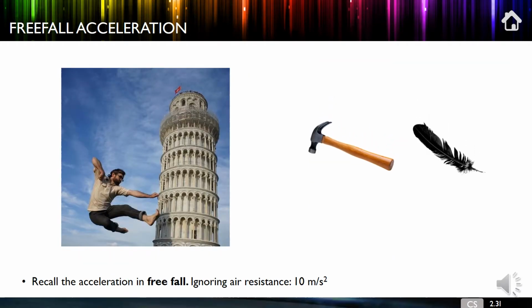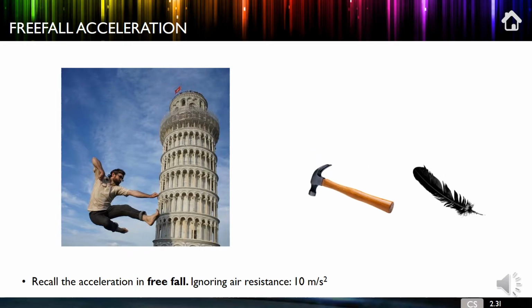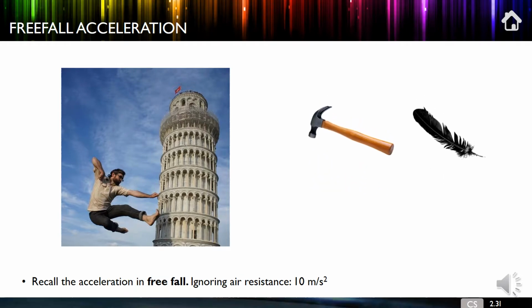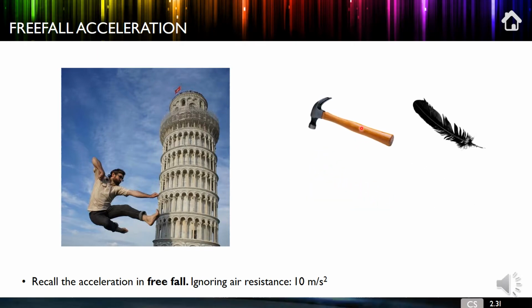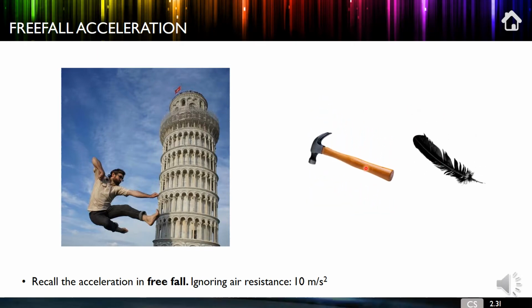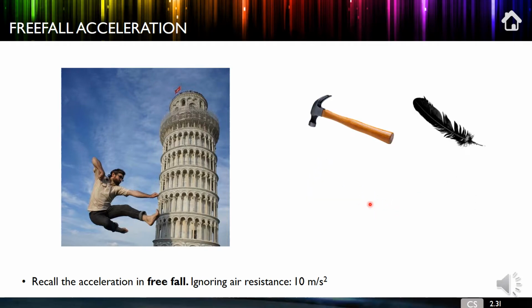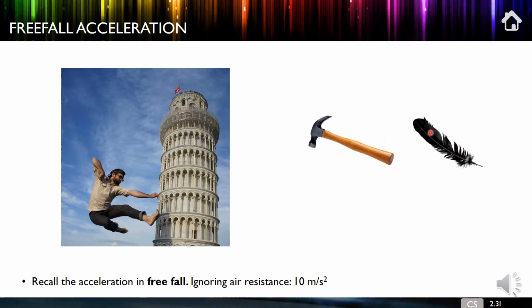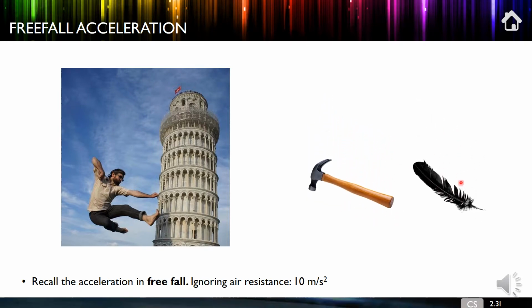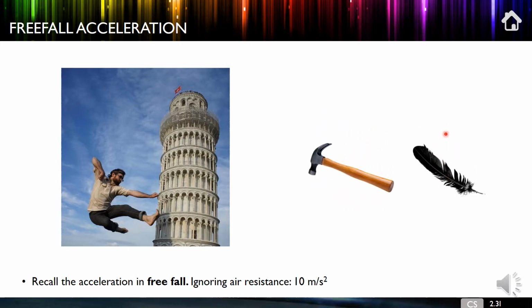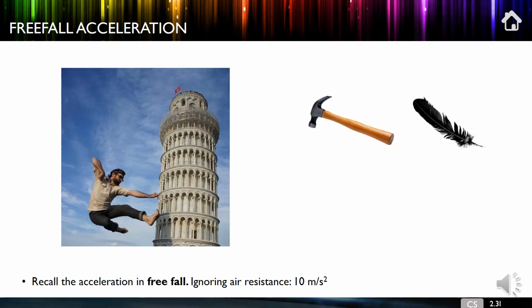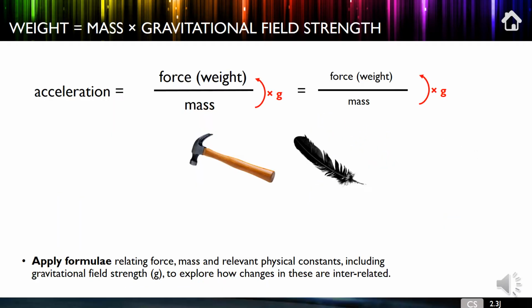So moving on to freefall acceleration. Now on Earth this is 10 meters per second per second. If we ignore air resistance, all objects will fall at that rate. The reason a feather falls slowly is because it has a greater surface compared to its weight. So that's why it falls more slowly, because it's far more affected by air resistance.